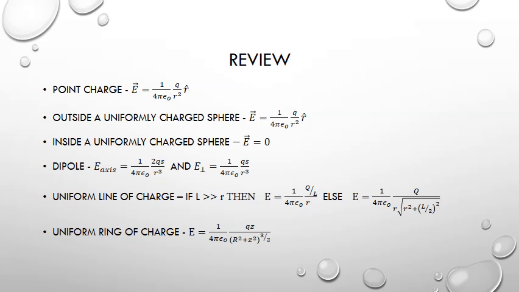And then I believe we've talked about the ring of charge, where the ring of charge is equivalent to this. So what we're going to do today is use these ideas, or at least the ring of charge. We're going to want to review that again.